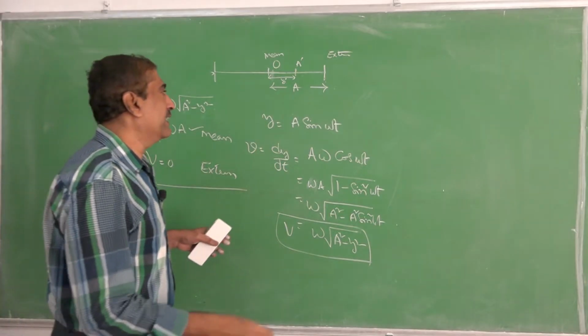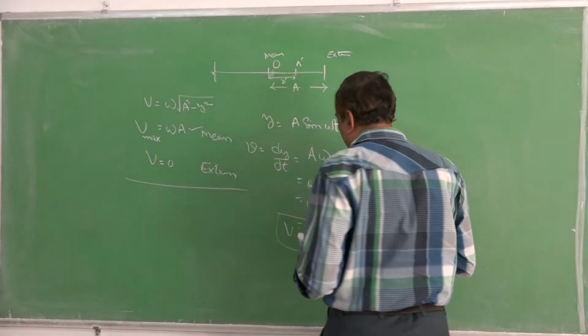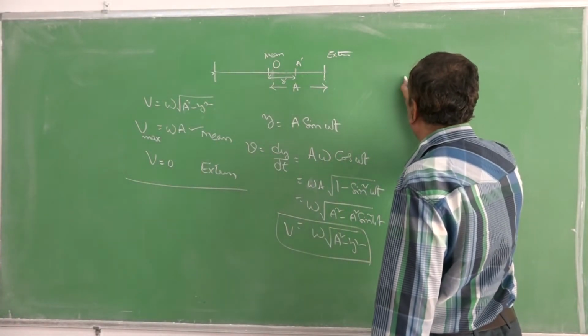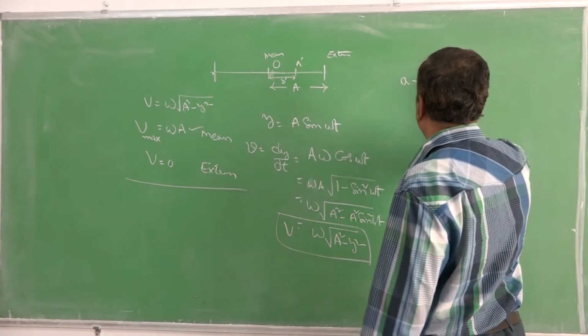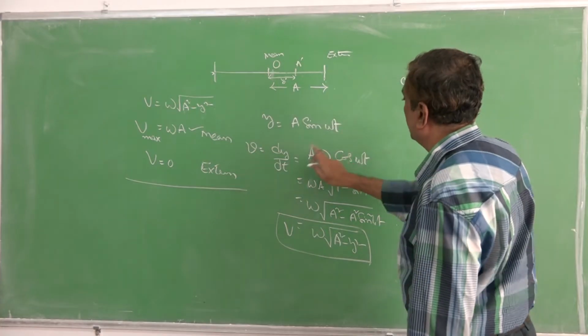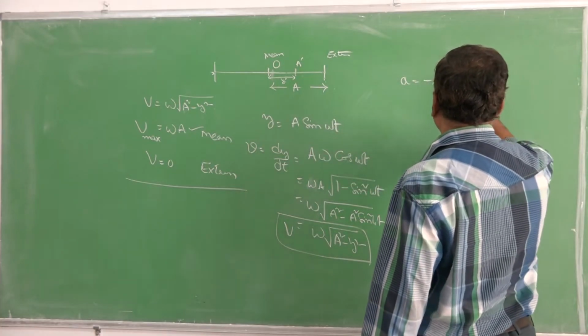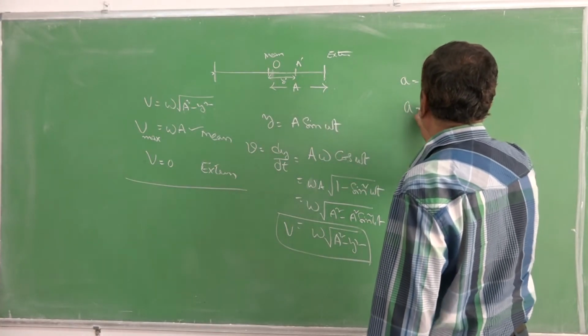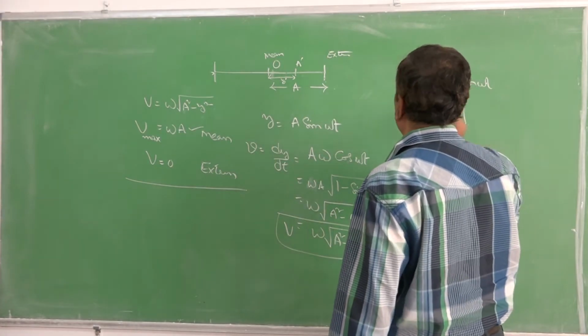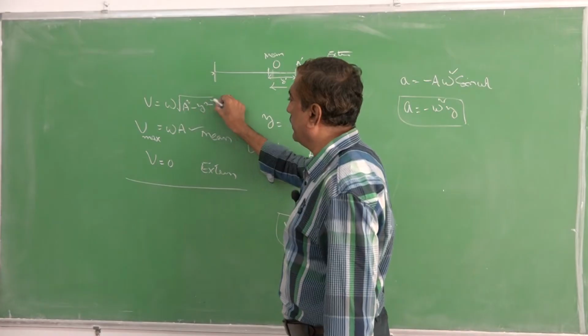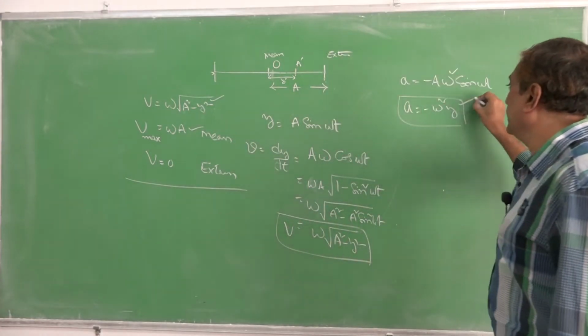Now, acceleration of the particle is given by again differentiating this equation. So, acceleration is equal to, again differentiating this, we get A omega square minus sin omega t. So, this is minus omega square y. This is the acceleration of the particle. So, this is the general equation for velocity and this is the general equation for acceleration.